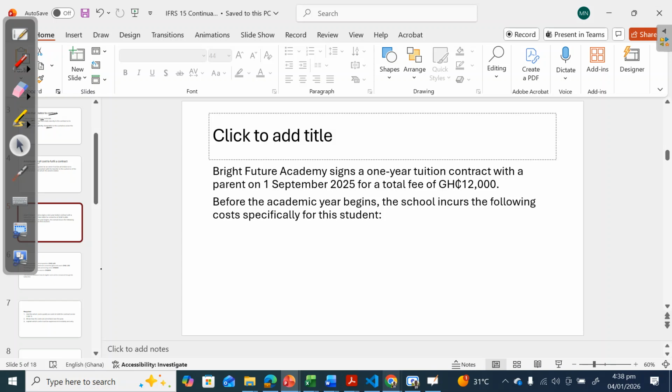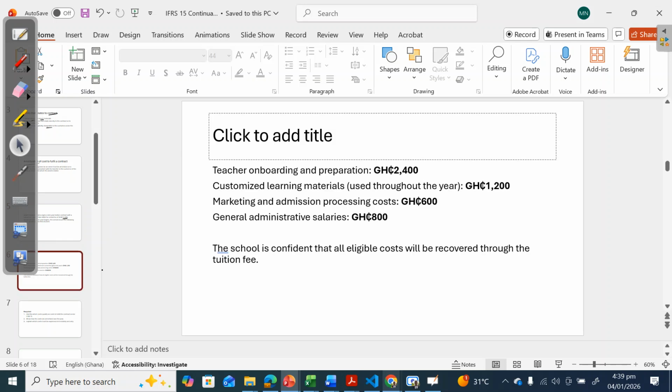Bright Future Academy signs a 1 year tuition contract with a parent on September 2025 for a total fee of 12,000. Before the academic year begins, the school incurs the following costs specifically for these students. Teacher onboarding and preparation, so they have to look for a teacher to teach the child.